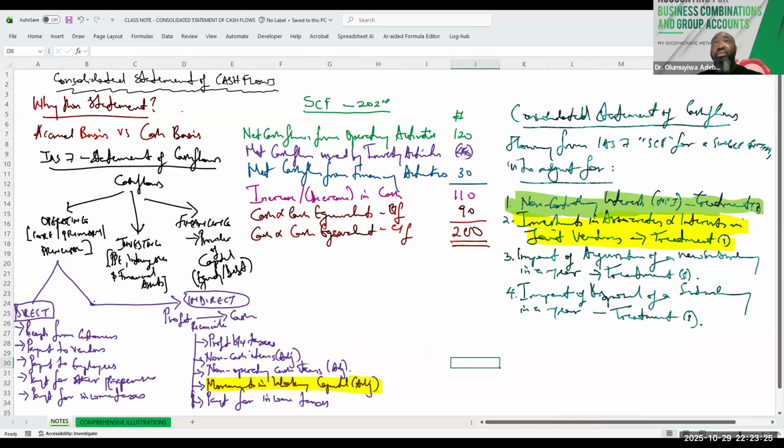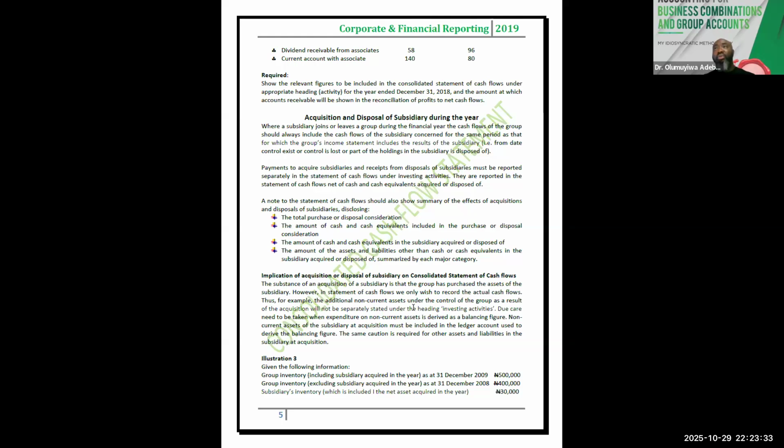If not, we can go back to our notes. Acquisition and disposal of interest in subsidiary. How do we treat it?